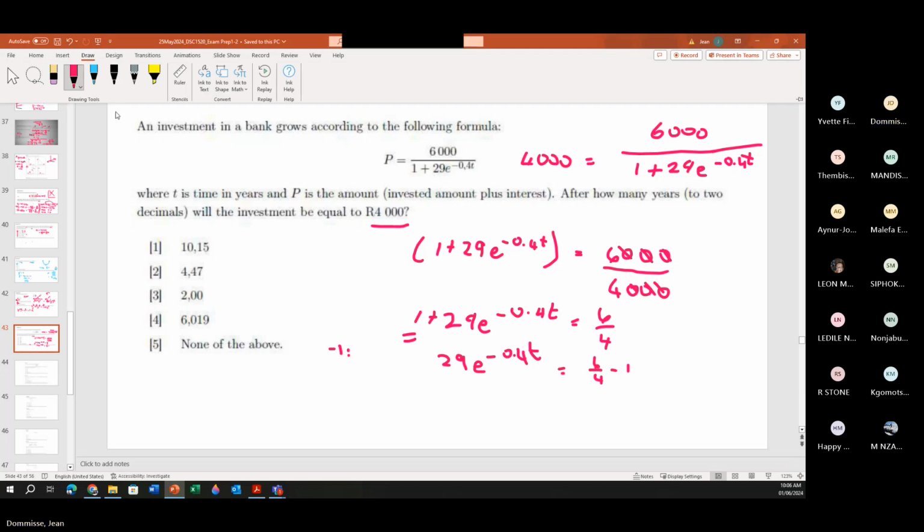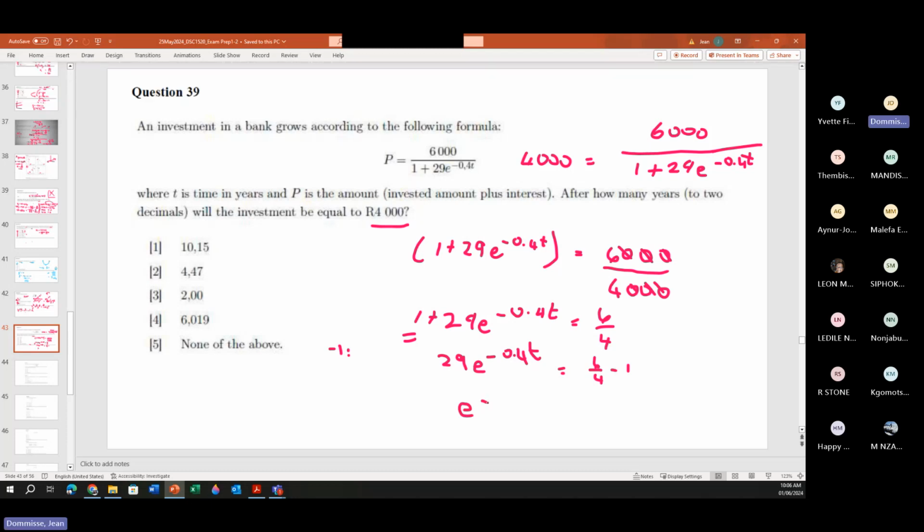But I still want to get rid of that 29 as well, so that I just have e to the power of 0.4t. On the right-hand side, 6/4 is 1.5, minus 1 is 0.5, and we need to divide, not multiply.